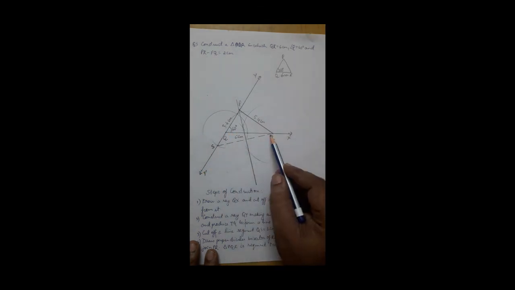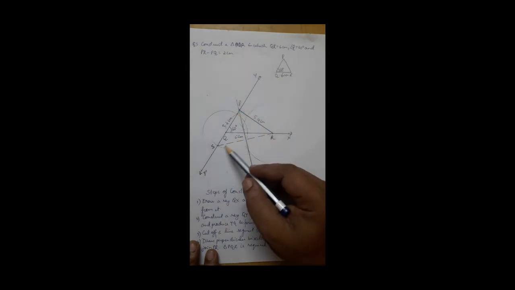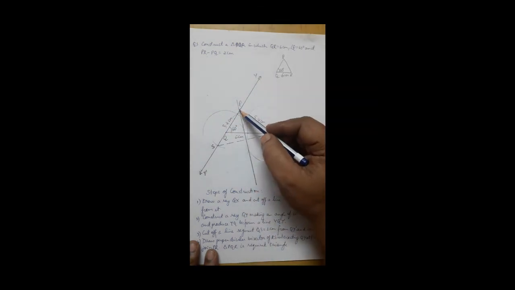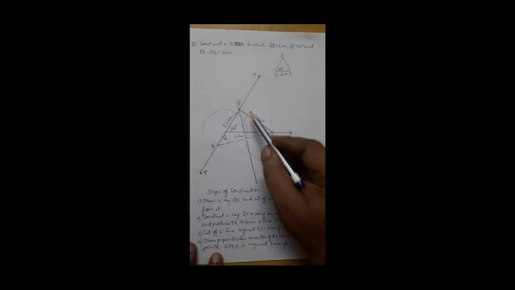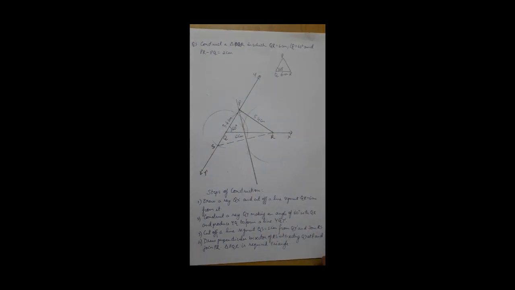Once we do that, we take a perpendicular bisector of RS intersecting QY at P, and we join PR, and we get the required triangle PQR. I hope this was easy to understand with the steps that have been mentioned below. Thank you for watching.